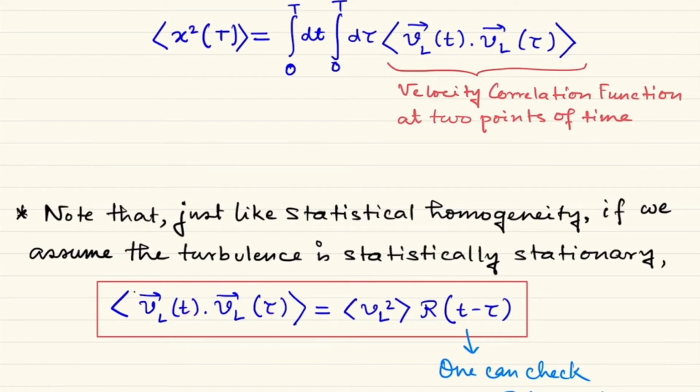So it will be a function of t minus tau. One can simply check that when t is equal to tau, this will be r0, and this will be vt square averaged, and these two averages will cancel each other to make r0 equal to 1.